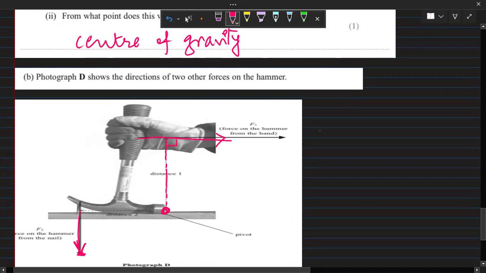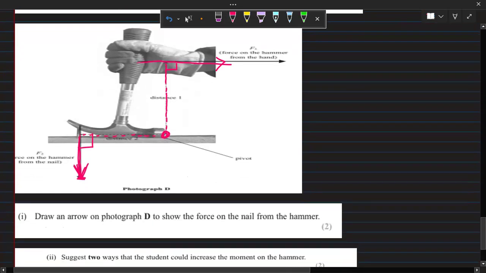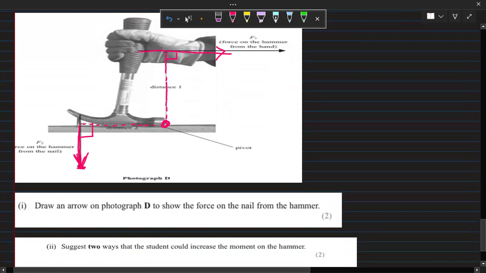It is perpendicular, right? And if you look at the force exerted by the nail on the hammer, and the distance from the point of pivot, this is also perpendicular, right?